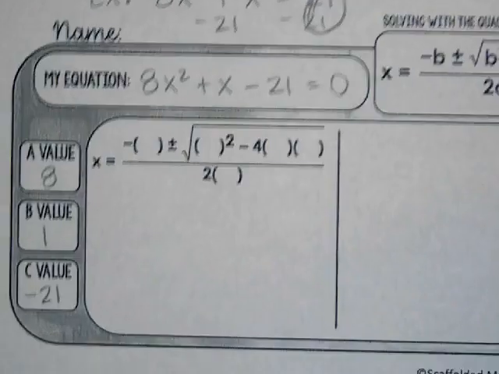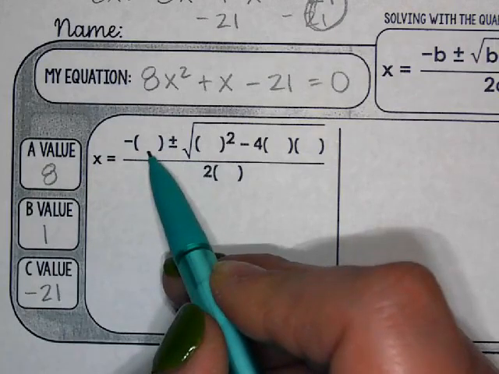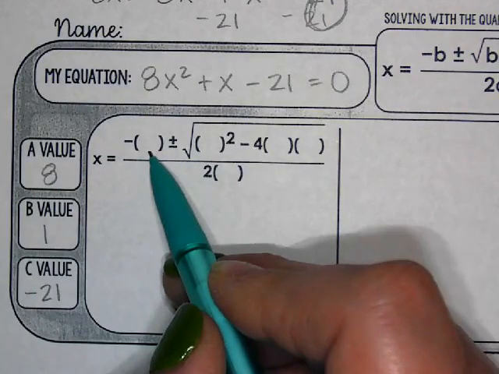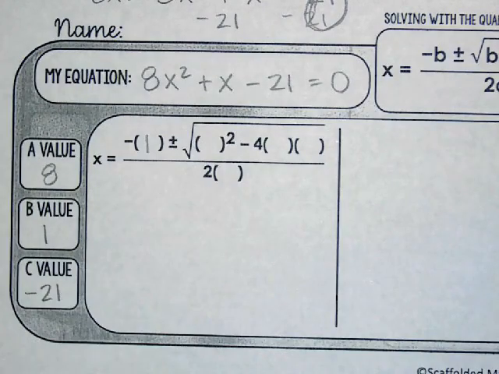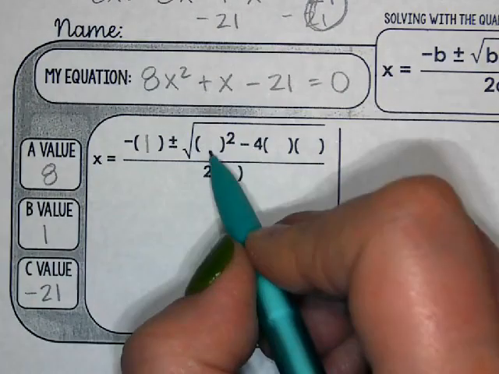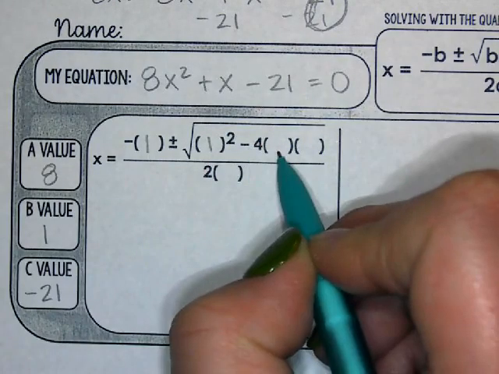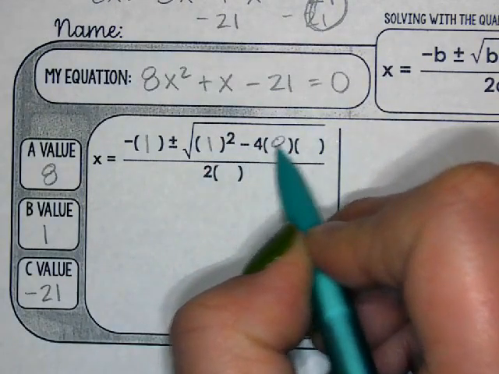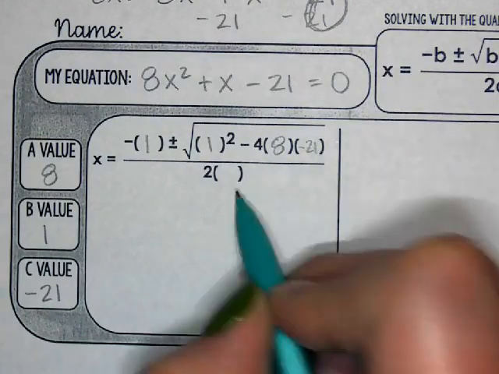So in the very front, we have a negative b, which is negative 1. And then we have 1 squared minus 4 times 8 times negative 21, all divided by 2 times 8. Okay.